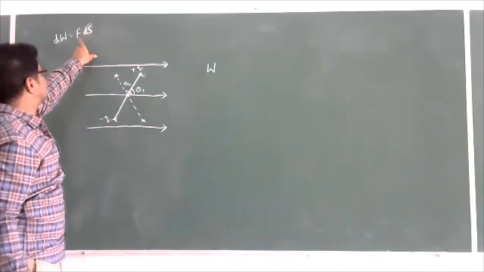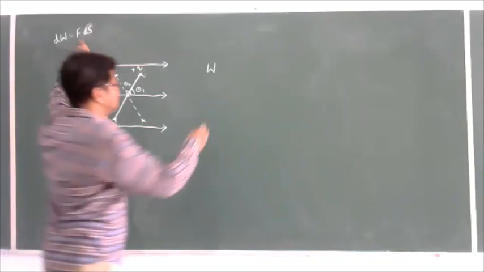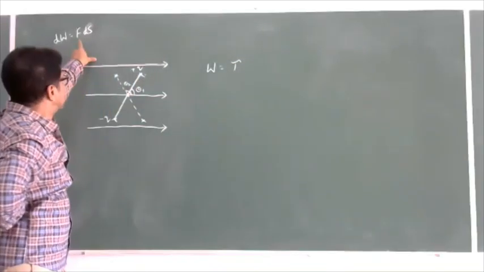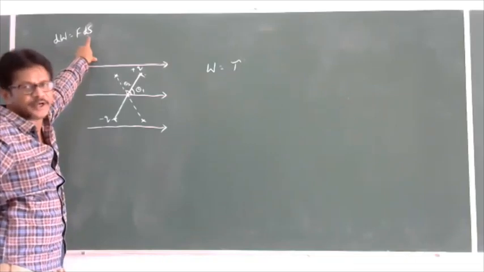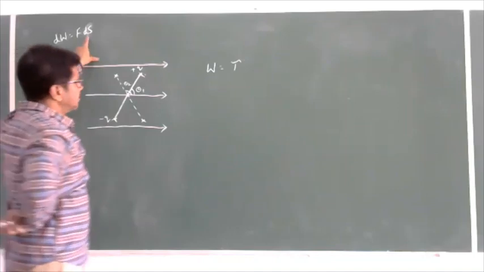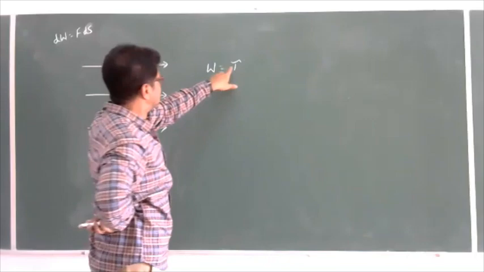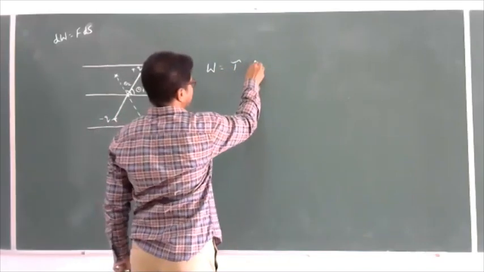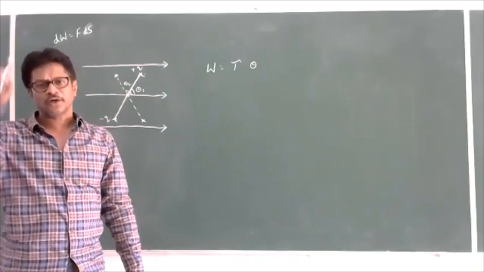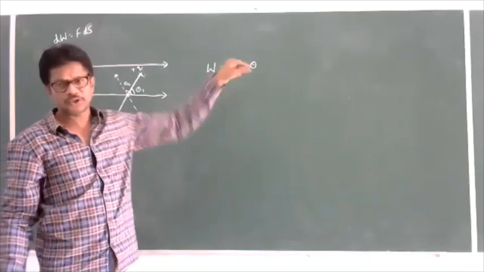The equivalent term for force in rotational motion is torque, and the equivalent term for displacement is angular displacement. So the work done here, W is equal to tau into theta, just as in linear motion work done is equal to force into S.